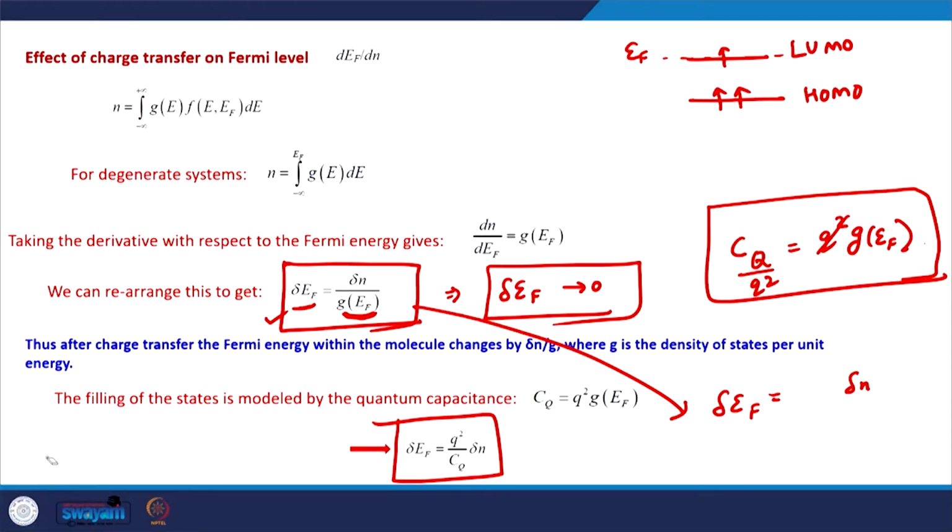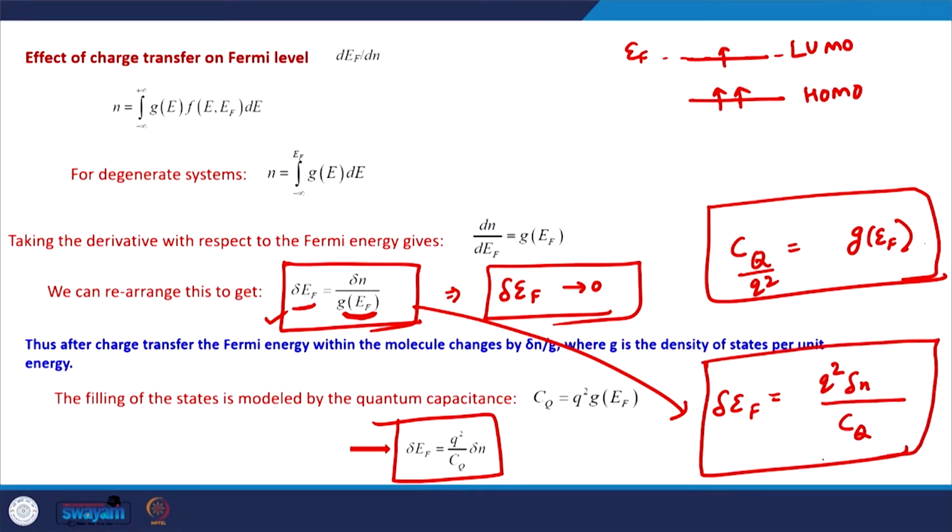So essentially delta EF is delta N divided by CQ times q square. So this is the change in the Fermi level due to the change in electrons in the quantum dot, and this is the relationship between delta EF and quantum capacitance.